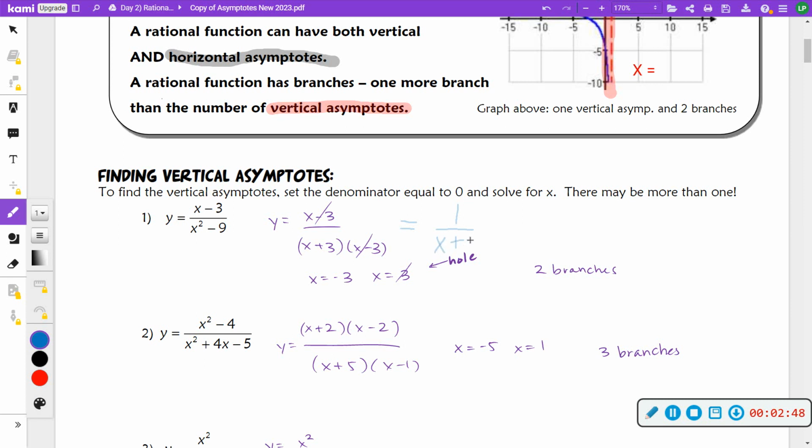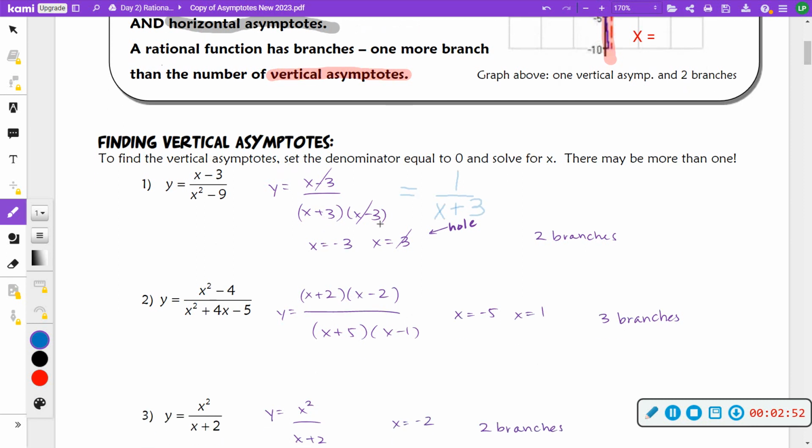Now all we're going to do is label asymptotes. So what I usually do is the ones that cancel, we know that that makes a hole. Now the reason why I chose x equals 3 is because when I plug 3 in here, 3 minus 3 is 0, and you can't divide by 0. So the ones that cancel make a hole.